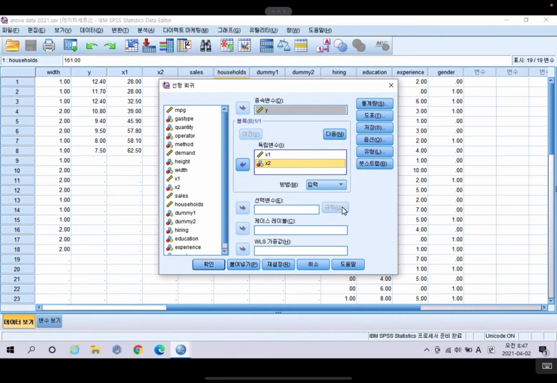Right? And you can get all the necessary statistics by using these options, right? But let's directly go to the results here.